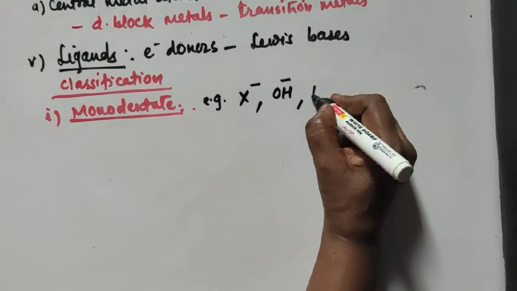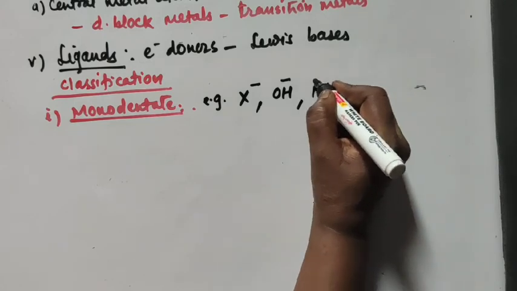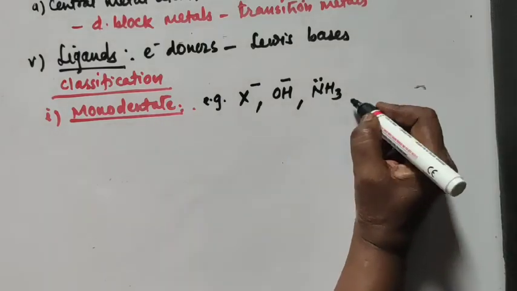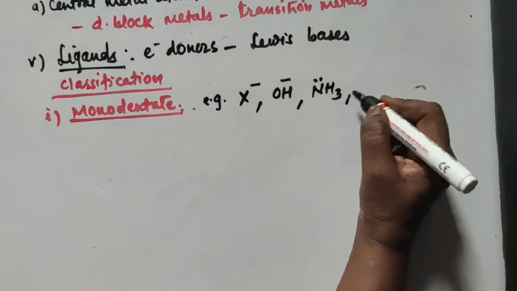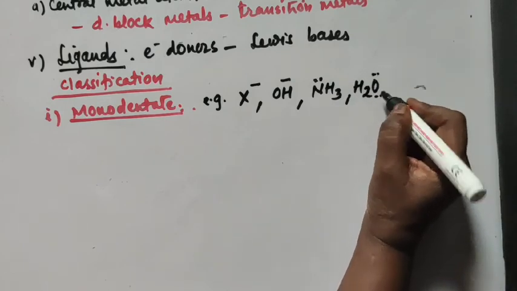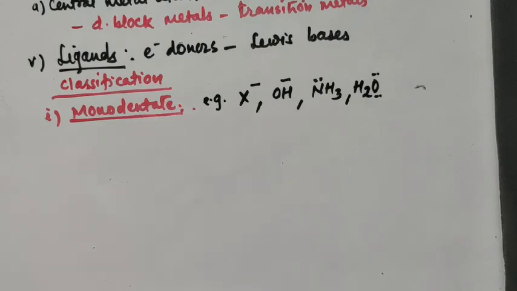Then you can take the example of NH3 also, ammonia. The nitrogen atom has a lone pair of electrons, so it can donate for the bond formation. Then H2O, water molecule, oxygen has lone pairs of electrons, so oxygen also can donate a lone pair for the bond formation. So wherever only one atom is there which can donate an electron pair, in that case the ligands are called monodentate ligands.